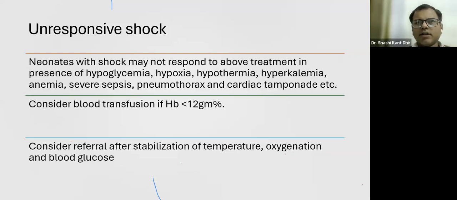If these things are not treated, then our baby will not get the adequate response. And we have to keep a high threshold of Hb if we are treating the shock. Usually PCV of 35 is kept as per FBNC guidelines. And if you do not have the facilities for adequate stabilization of the baby at your level, after the stabilization of the baby, we might also consider referring the baby to another unit, right?